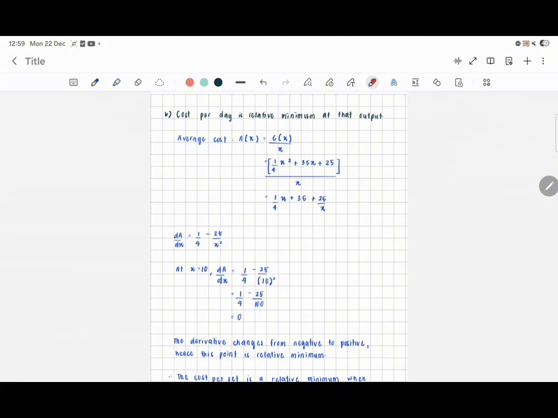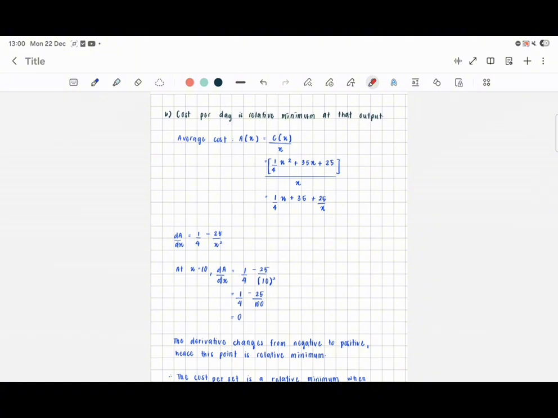After simplifying, we get 1 over 4 x plus 35 plus 25 over x. Next, we differentiate the average cost. So, we get 1 over 4 minus 25 over x squared.